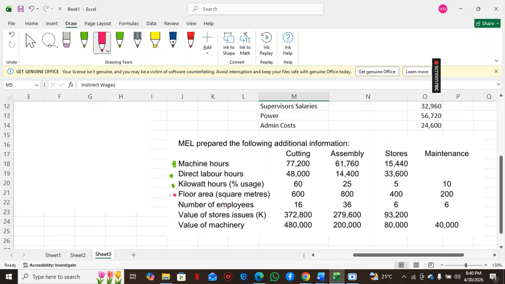Number of employees, we can use this one. Value of store issues, again not really connected to indirect wages. Even value of machinery, no clear connection. So we can use number of employees.